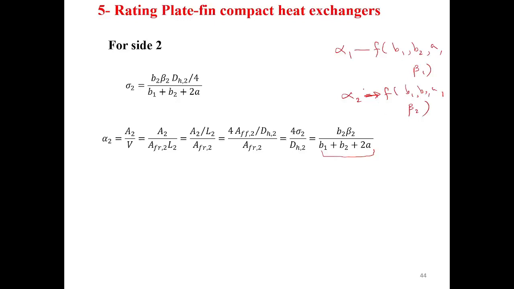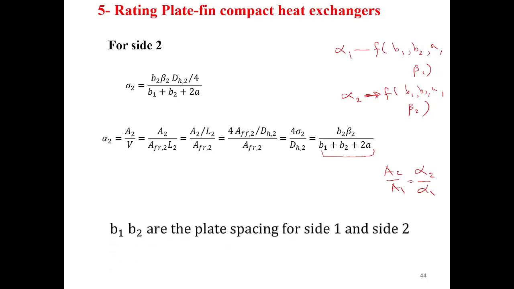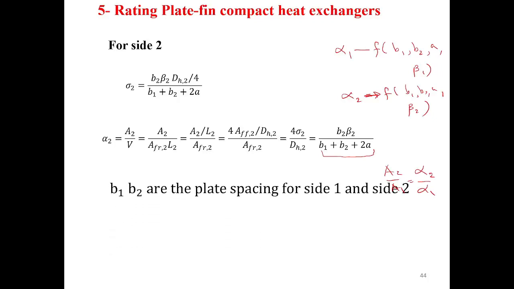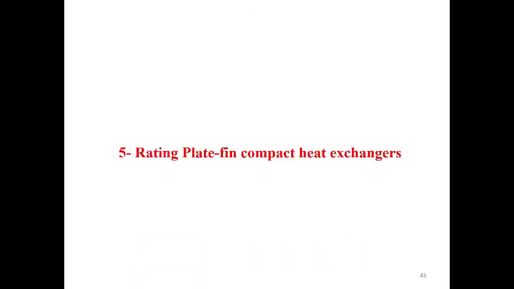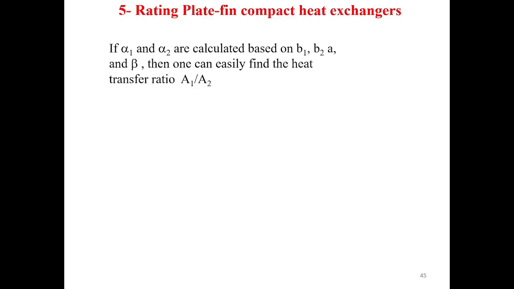You can get how much is the heat transfer area divided by the volume of the heat exchanger, and then you can find also A2 by A1. You only divide alpha 2 by alpha 1. This is a very important conclusion that is going to be used in sizing plate fin heat exchanger. As we said before, B1 and B2 are only spacing, and NB is the number of passes. This is what I am trying to say.